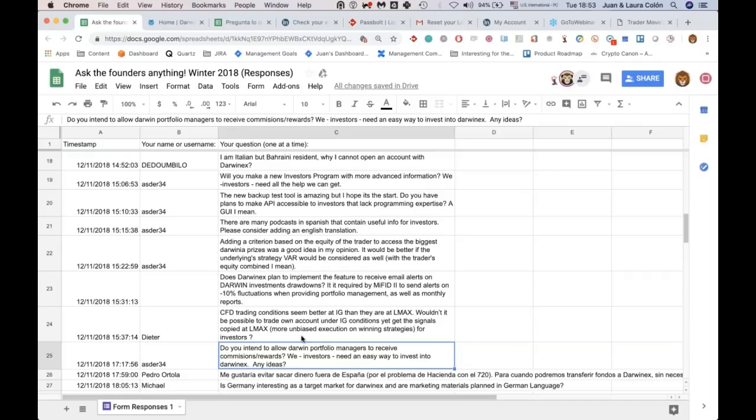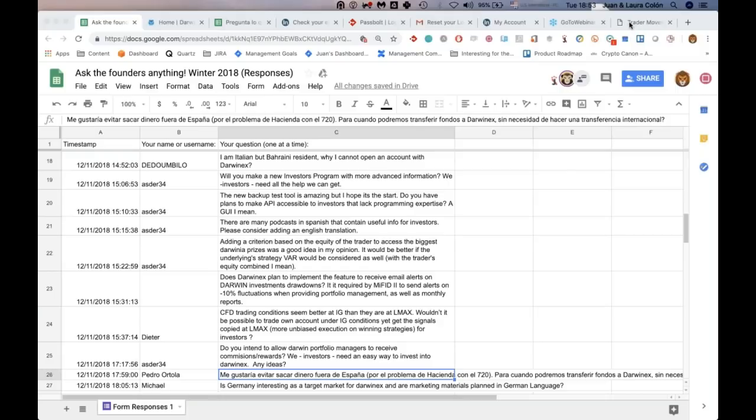That's the reason why we decided not to offer this solution, although we are preparing it for ourselves in case we decide in the future to provide asset management services so that people can invest in portfolios that are created by Darwinex.